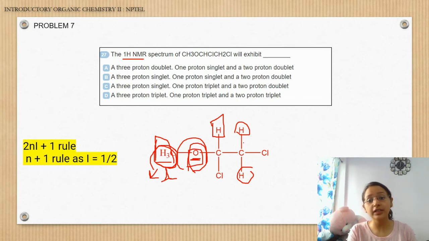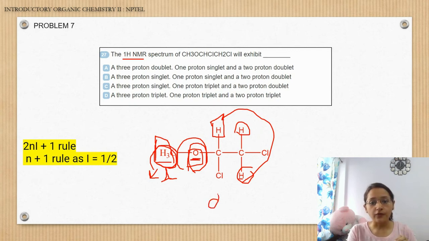But if they are non-equivalent, then this proton will split this proton into a doublet, and again this proton will split this proton into a doublet. So what you are seeing here is a doublet of a doublet, if these two protons are non-equivalent.